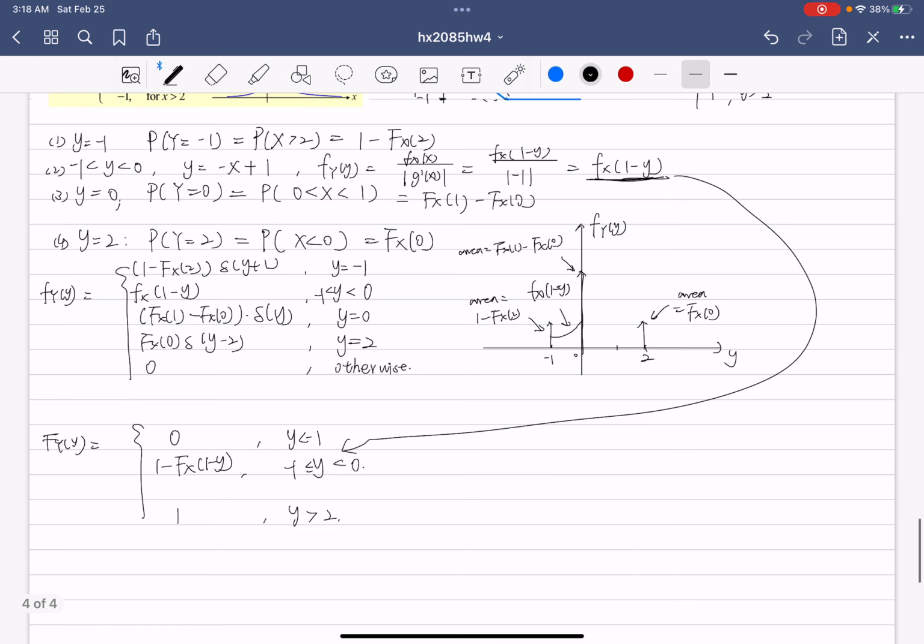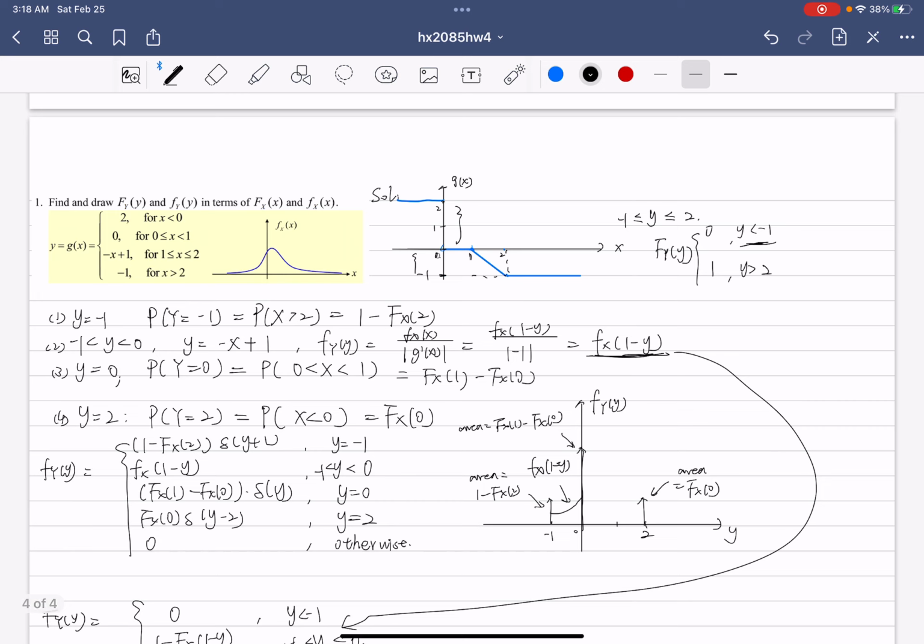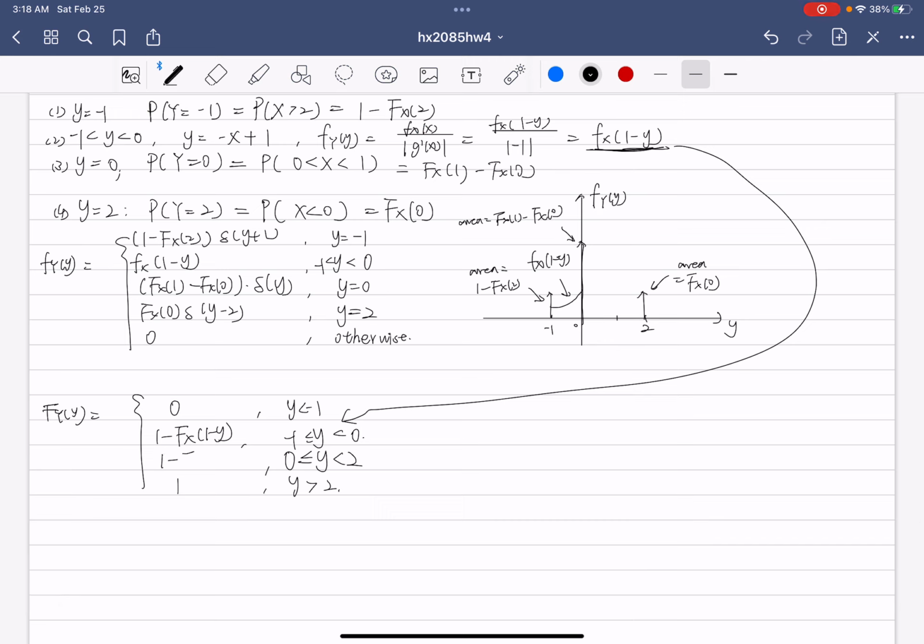And when y is less than 2 and larger than or equal to 0, this part will be 1 minus F_X(0).